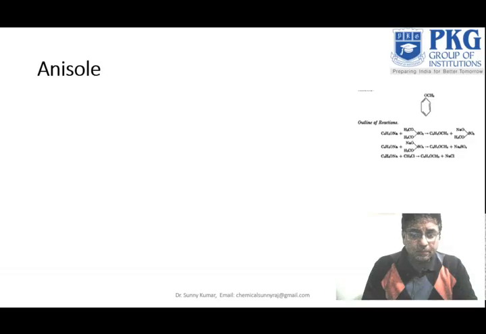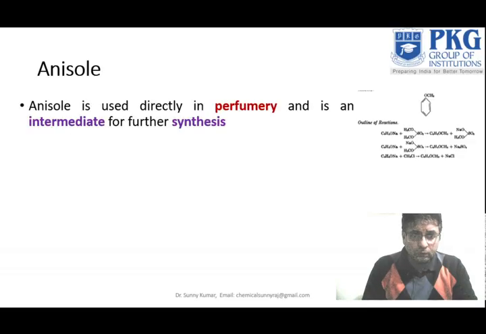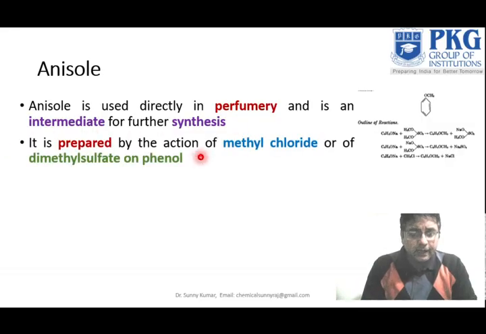So the next compound is anisole. Anisole is used directly in perfumery and is an intermediate for further synthesis, and it is prepared by the action of methyl chloride or dimethyl sulfate on phenol.